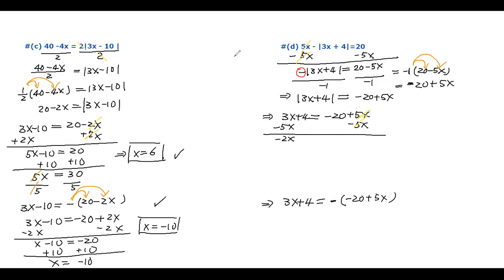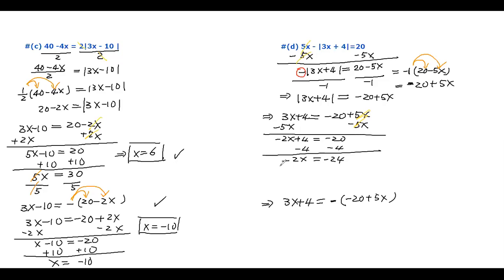And these two cancel. So I have plus 4 equal to negative 20. Now minus 4 on both sides. So this is negative 2x. What is negative 20 minus 4? Negative 24.